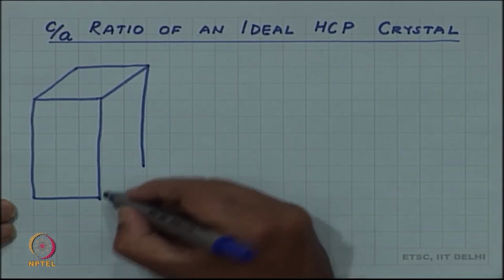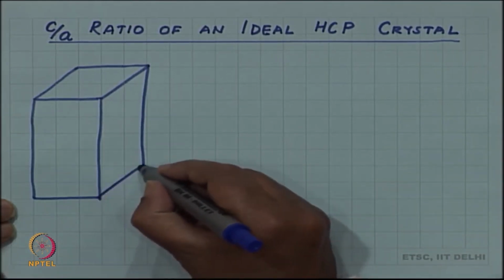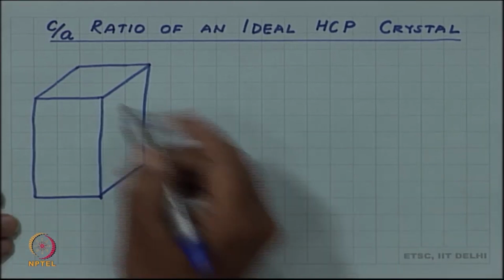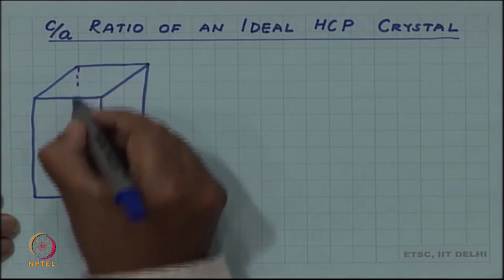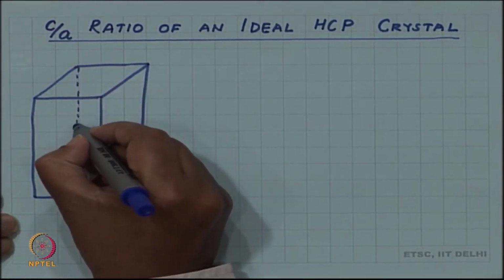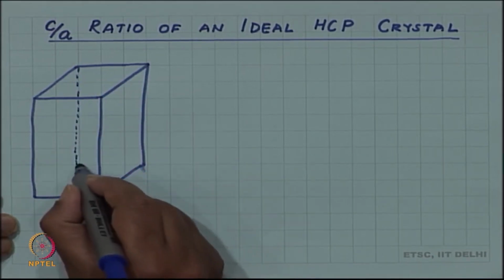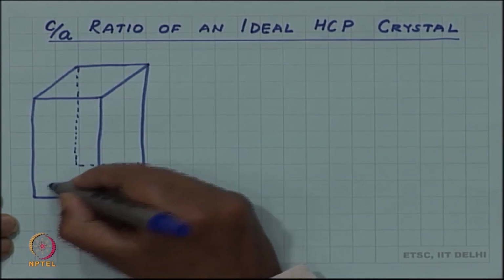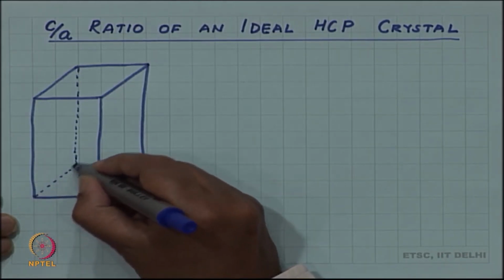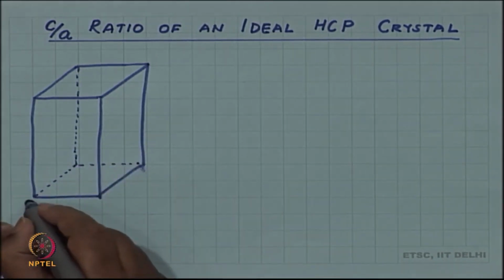So, a 120 degree rhombus is what defines the base of the unit cell, and then it is a prism based on this rhombus. So, I have tried to draw the unit cell.